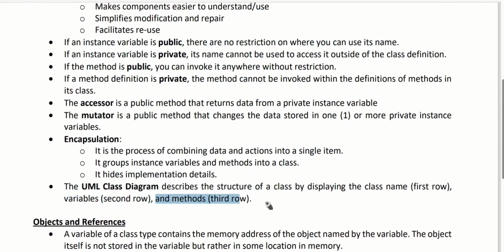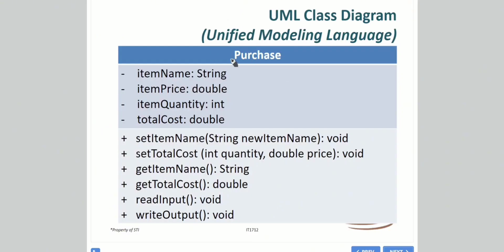Next, on the third row, we have the methods. Therefore, in this Purchase class, we have 4 variables, and we have to create 6 methods. Okay, so you're going to write the following methods. Okay, so this is a UML class diagram.